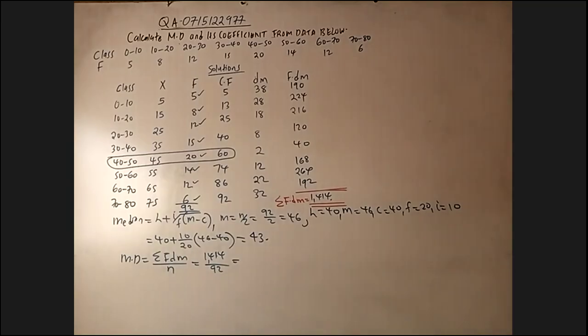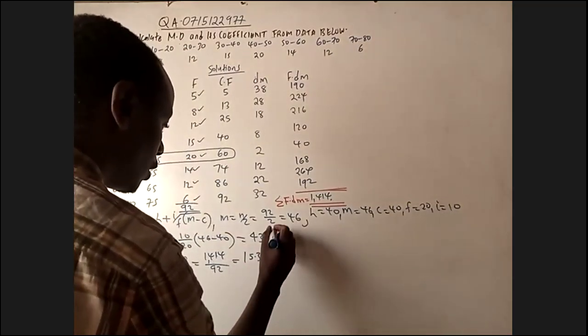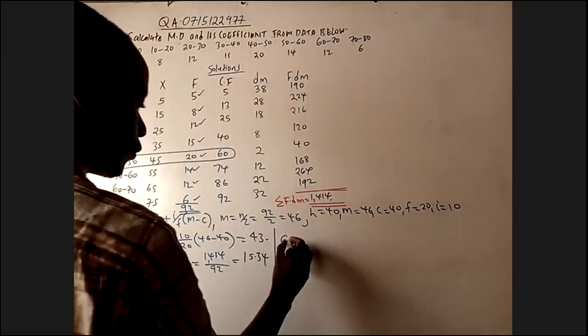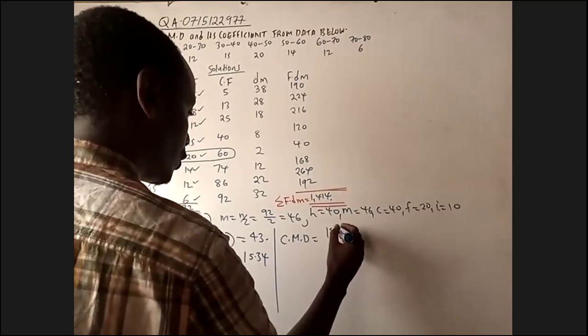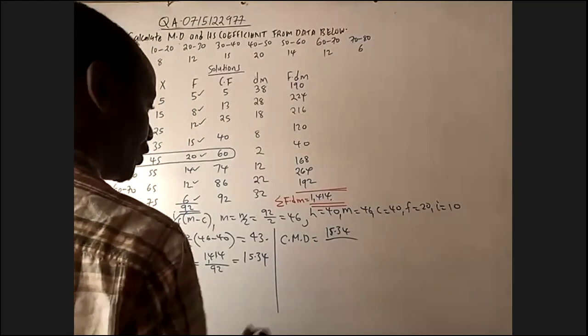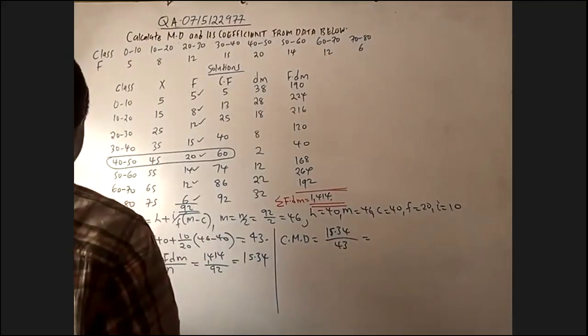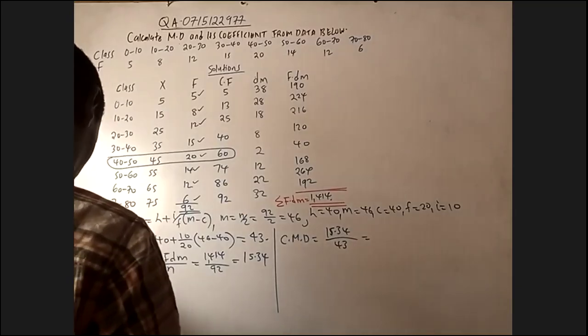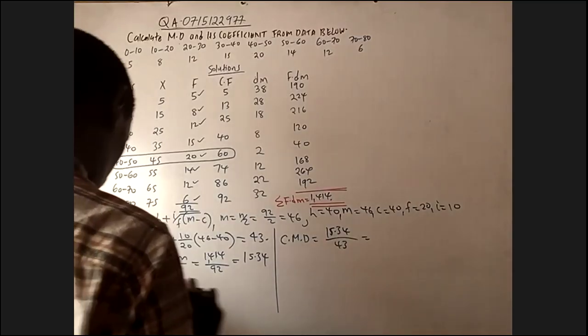So how much do you get? 1414 divided by 92 is 15.34. Then let's finish with another one, the coefficient of MD, the mean deviation. Our mean deviation is 15.34 divided by our median. Our median was 43. So 15.34 divided by 43 is 0.357.